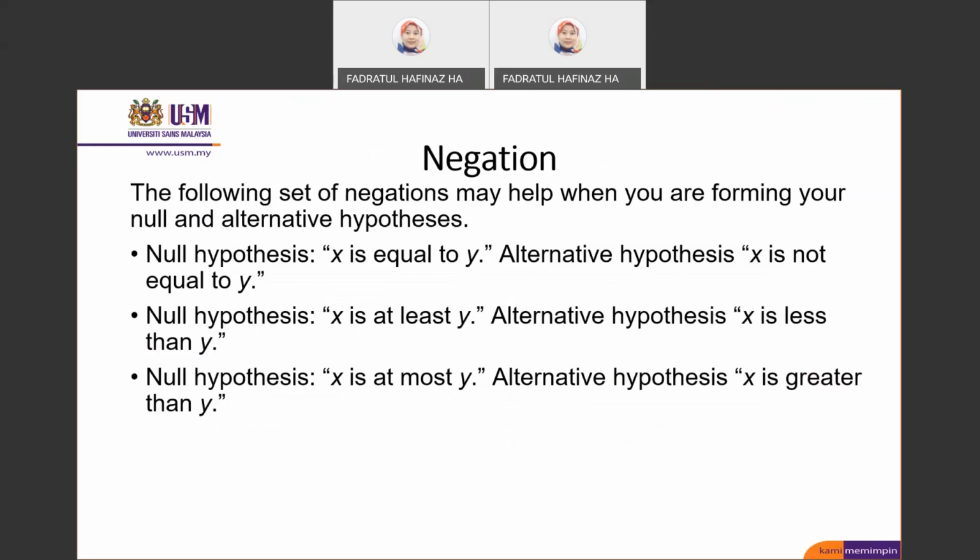When you state your null hypothesis is x is at least y, the alternative hypothesis will say x is less than y. Last one: when you state your null hypothesis is x is at most y, your alternative hypothesis will be x is greater than y.